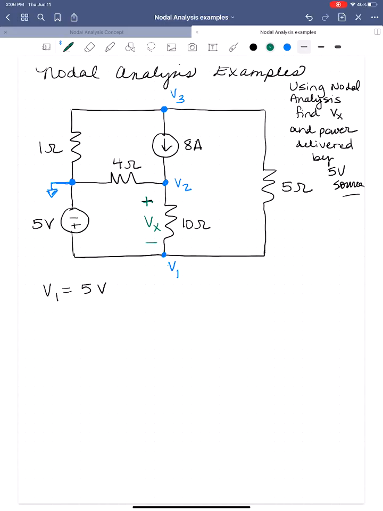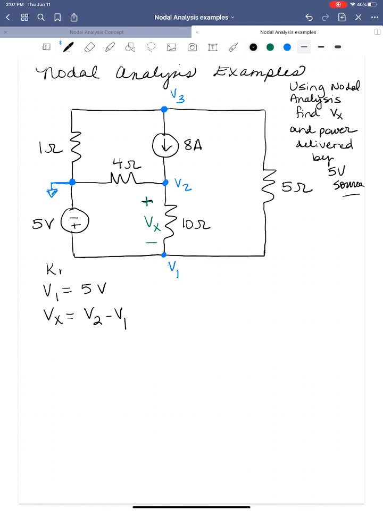It makes sense to write down what the expression is that we need to solve for that voltage. That equation is just going to be an electrical body equation. So plus V2 minus V1 has to equal Vx. So we'll write that down here, that Vx is equal to V2 minus V1.